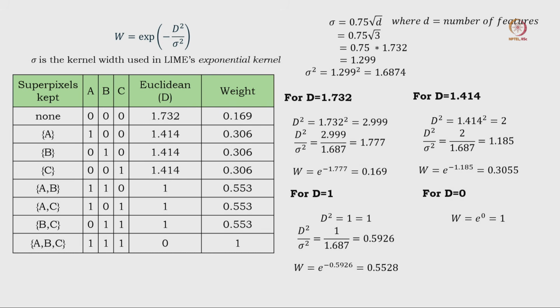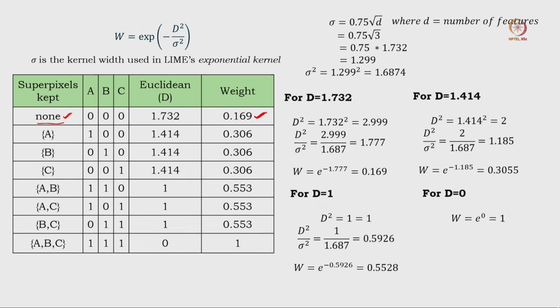Now, what we have to understand from this weight is, if you look at none, which means none of the pixels have been considered. The original image is something where all the pixel values, all the superpixels, are considered, and if no superpixels are considered, the weight will be very small.